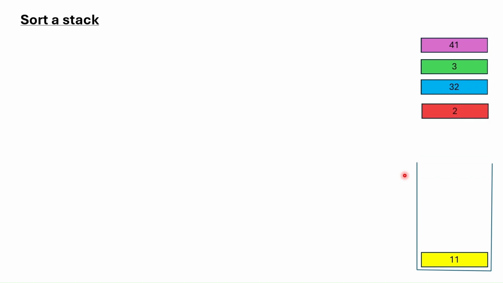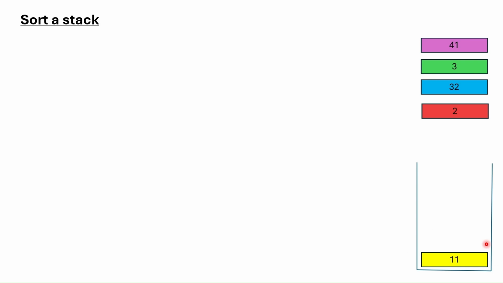Now listen very carefully. A stack with size 1 is already sorted, isn't it? So now we will push this 2 in this stack, and while pushing it we will put this 2 in its correct position such that after insertion this stack remains sorted.